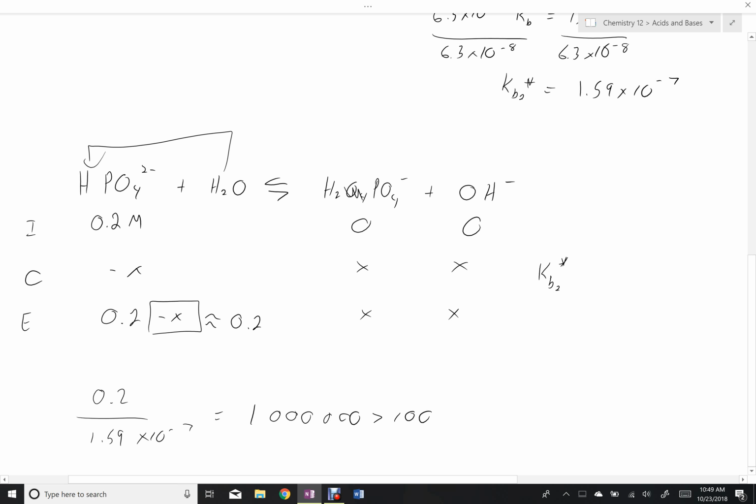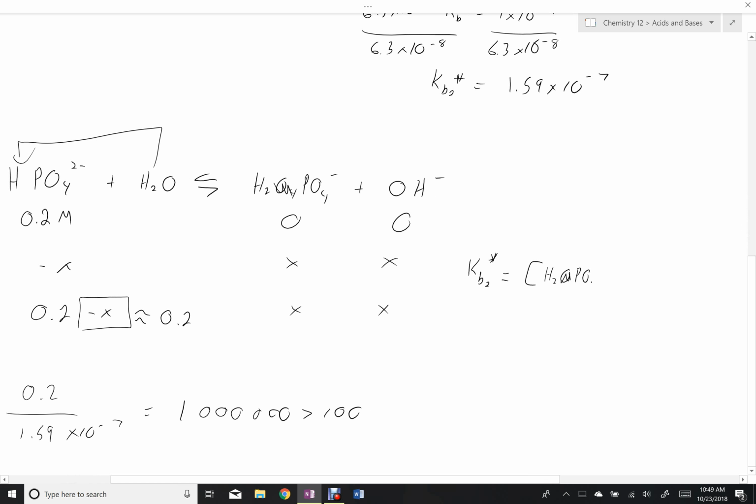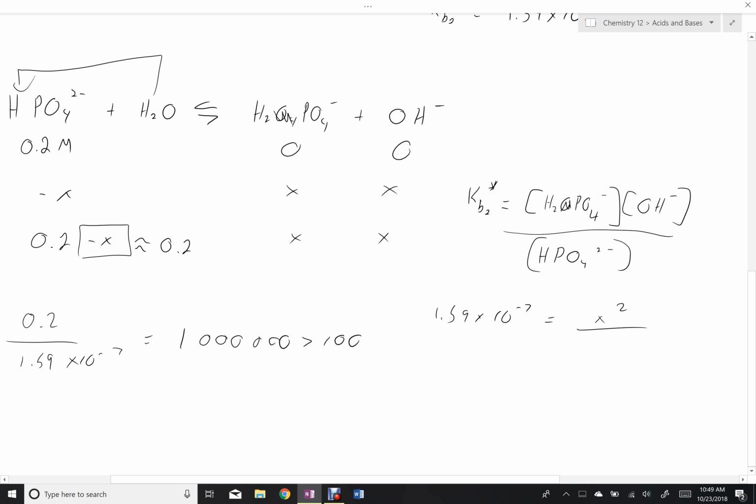Okay, so Kb2 is equal to the concentration of H2PO4- times the concentration of hydroxide over the concentration of HPO4 2-. So 1.59 times 10 to the negative 7 is going to be equal to x squared, one x from each, over 0.2. And this can be solved for x.